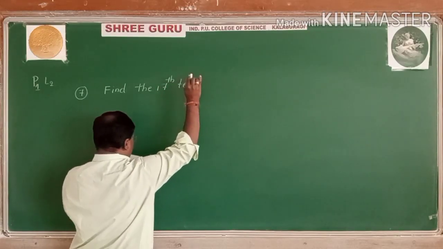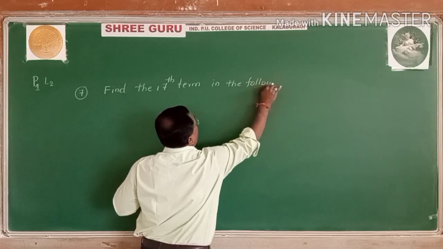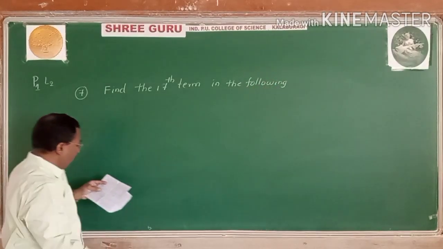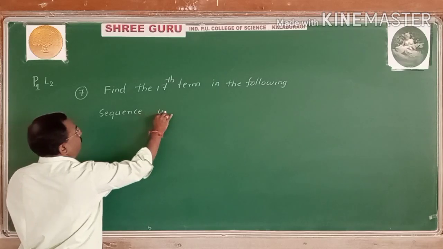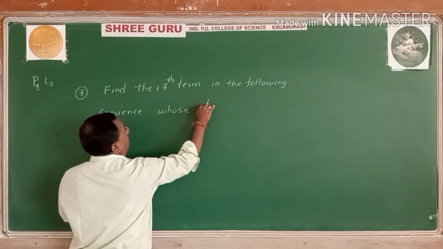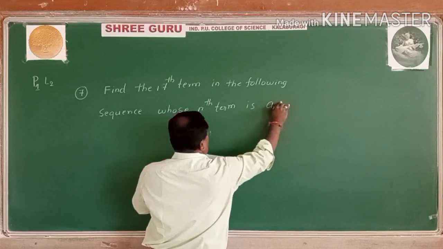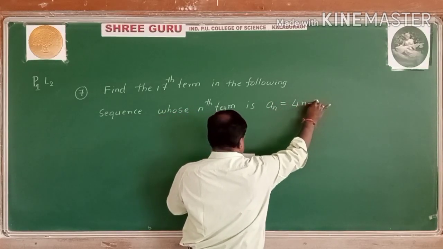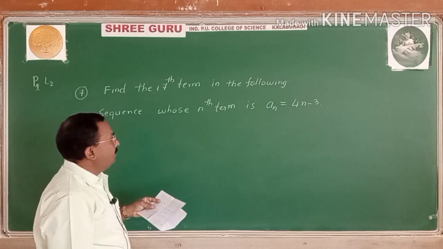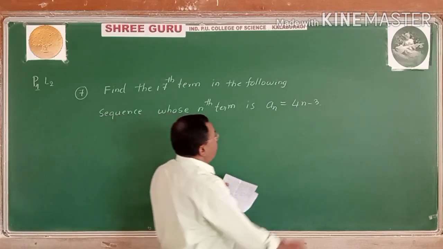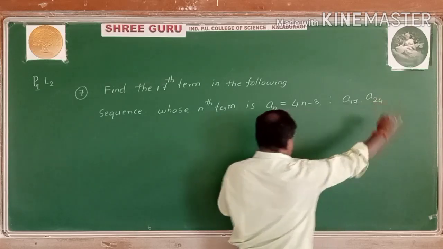Find the 17th term in the following sequence whose nth term is an is equal to 4n minus 3. That is, find a17 and a24, two values.